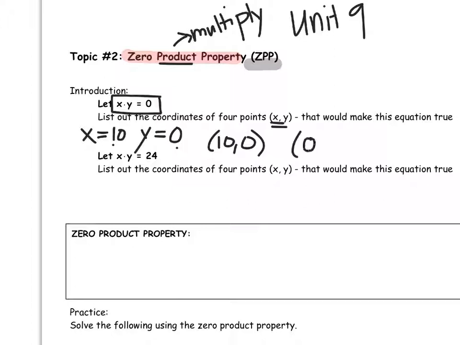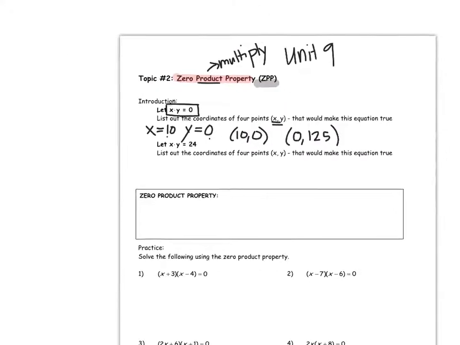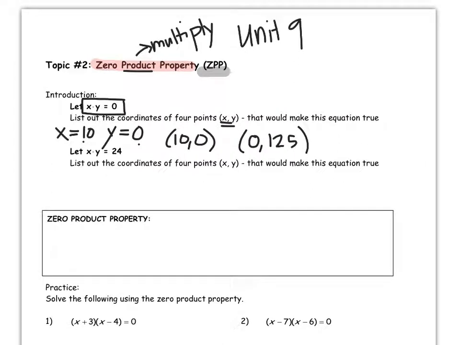We could have 0 be the x and 125 be the y, because 0 times 125 is 0. We could also have the point (0, 5), or we could have the point (0, 0). And the key here is that in all of these points, at least one of the values has to be 0.